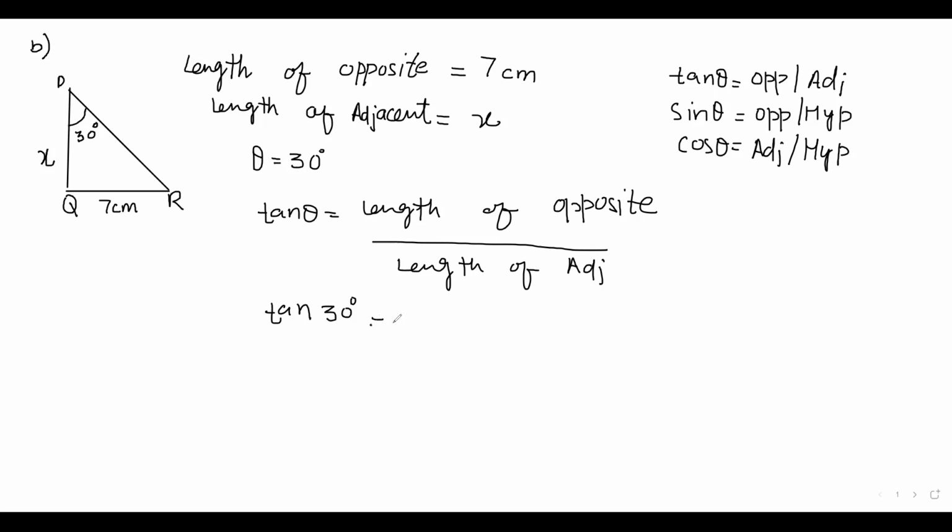Now let's put the values in the question. Tan 30 is equal to length of opposite, 7, over length of adjacent, x. Since x is dividing 7, it will be multiplied on the other side. Since tan 30 is getting multiplied with x, it will divide 7 on the other side.